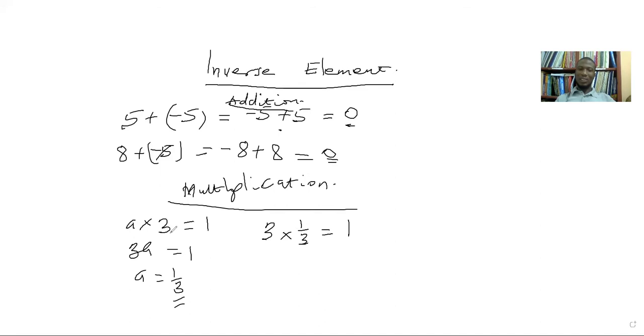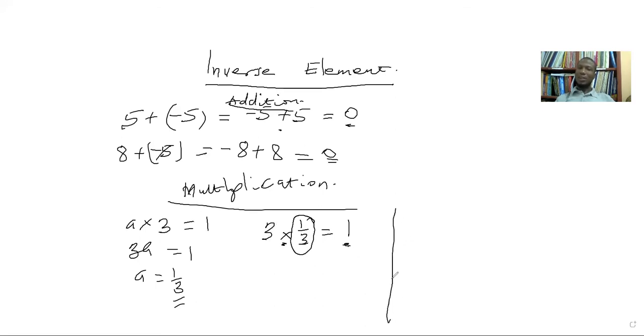Remember, here I brought the 1/3 second because multiplication is commutative, and all along we said A times B is equal to B times A. So since we multiply 1/3 with 3 to get 1, which is the identity element, it means that under multiplication, 1/3 is the inverse of 3.